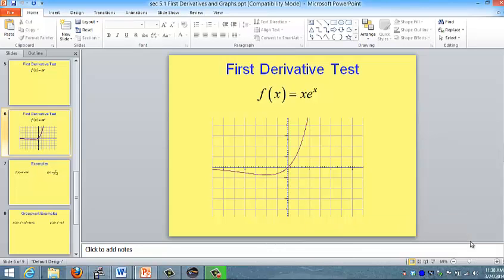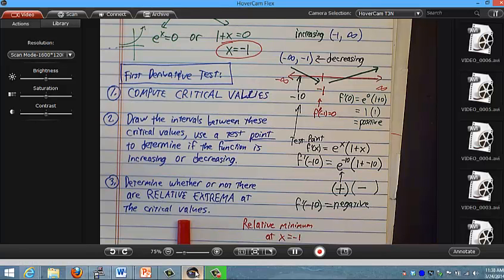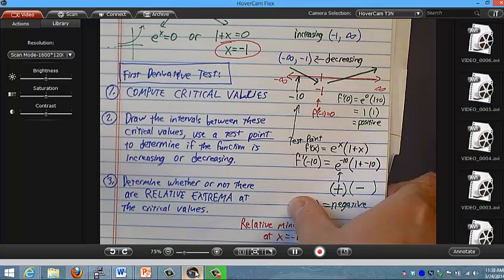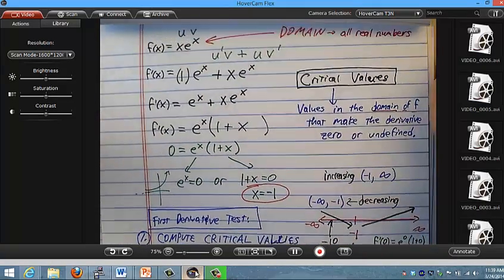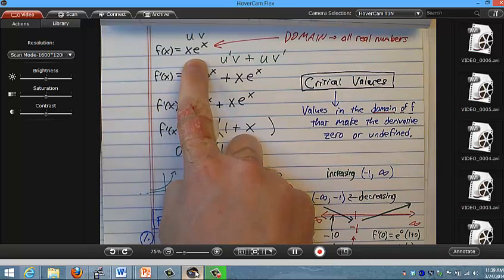When you say at -1, we're at 0, it doesn't look like it from the picture, right? What is it that's 0 when you put in x equals -1? This is something that we'll have to keep track of, right? The original function is what I just graphed, x e to the x, right?